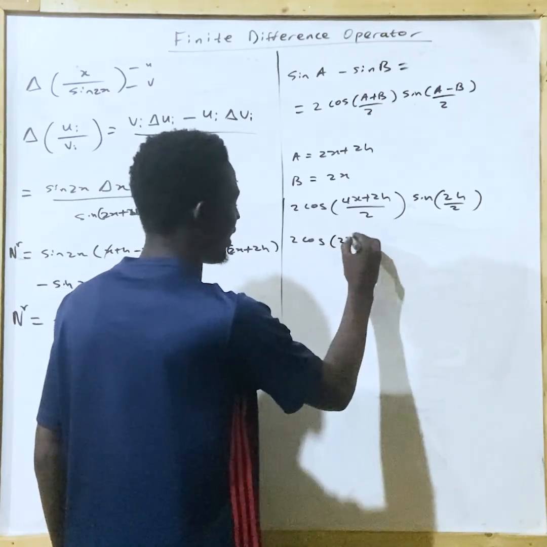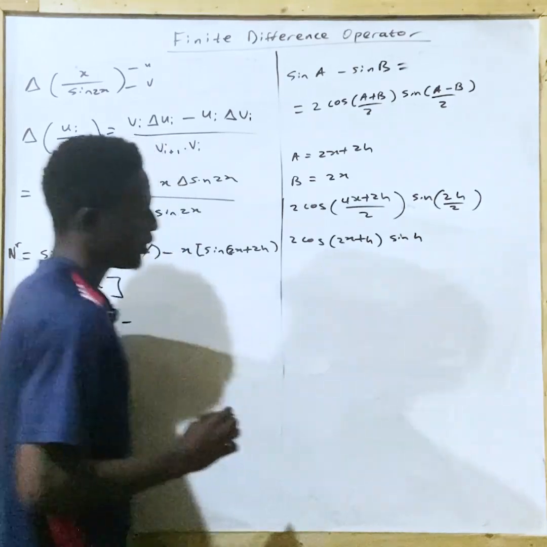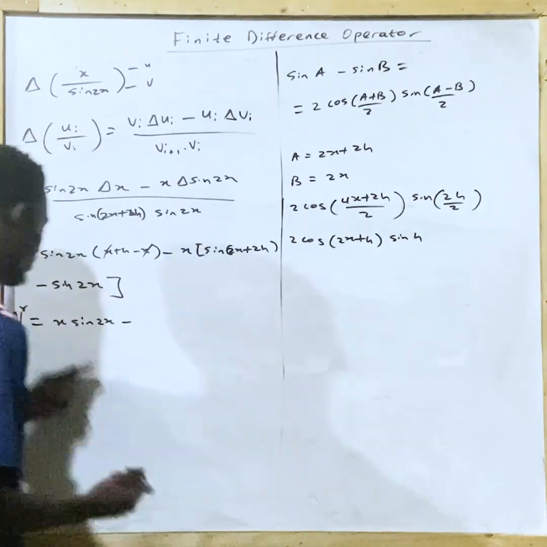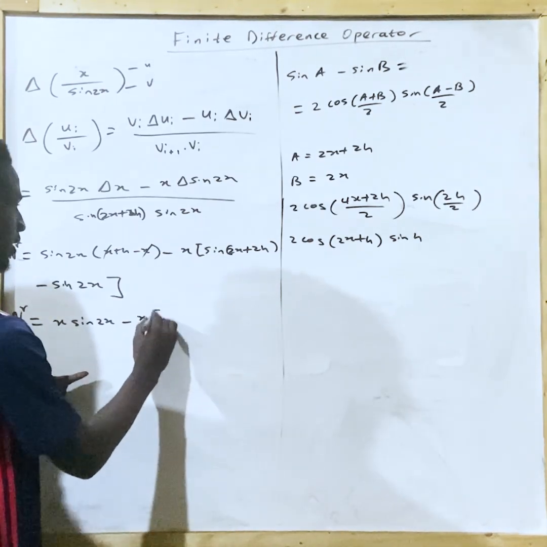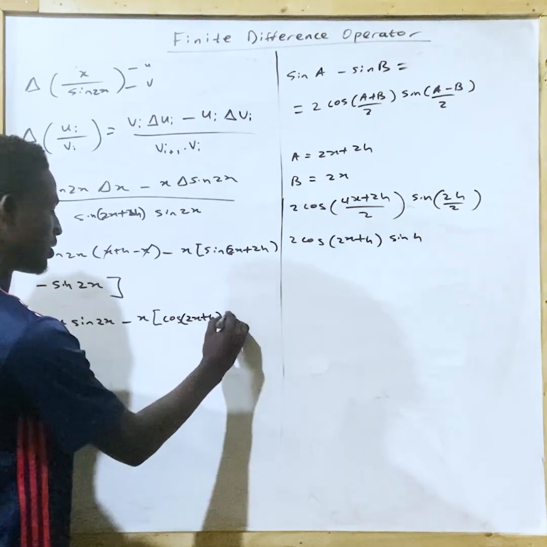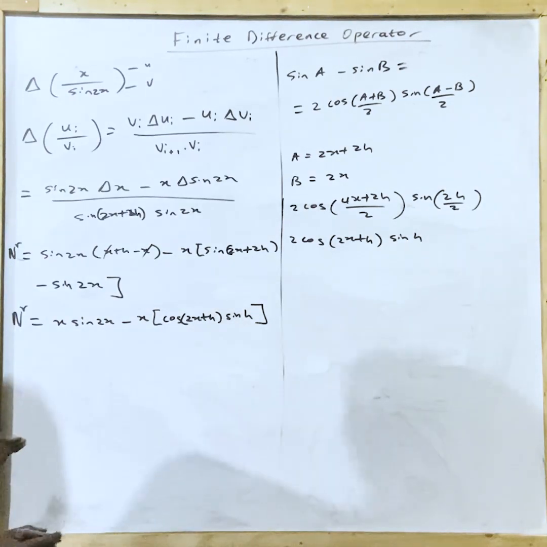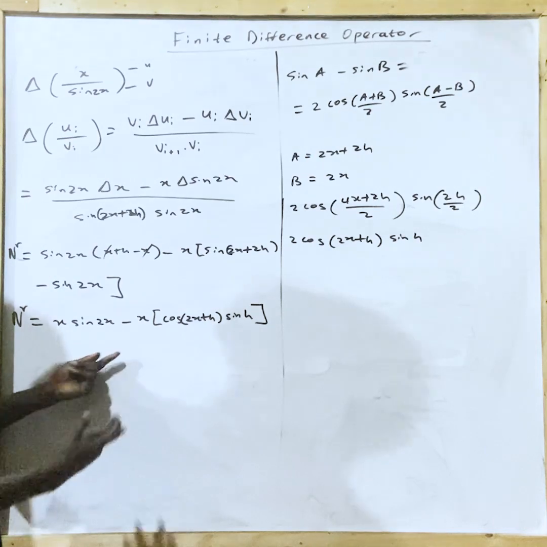So you have cos(2x plus h) and here you have sine h. You can leave your answer like this: x into bracket cos(2x plus h) sine h, or you can go one further by making all the trig functions sine.